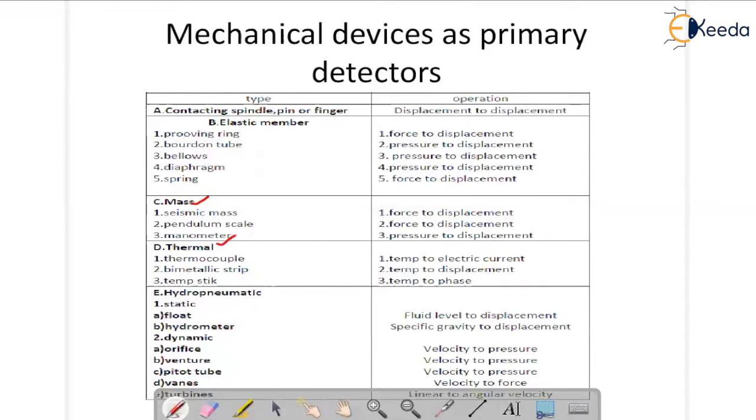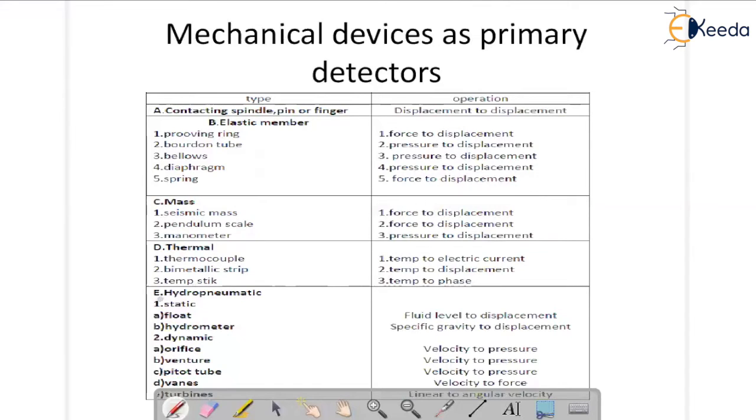Now coming to thermal type detectors. There are three types in this: thermocouple, bimetallic strip, and temp stick. A thermocouple converts temperature to electrical current, a bimetallic strip converts temperature to displacement, and a temperature stick converts temperature to phase. So these are the three types in thermal type primary detectors.